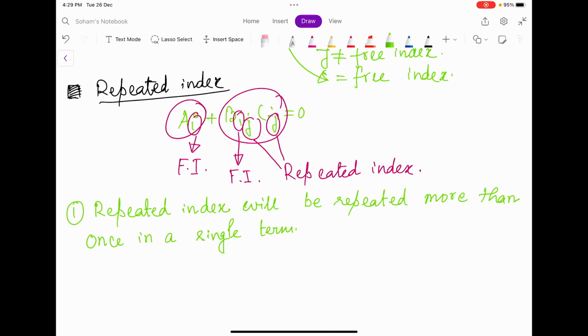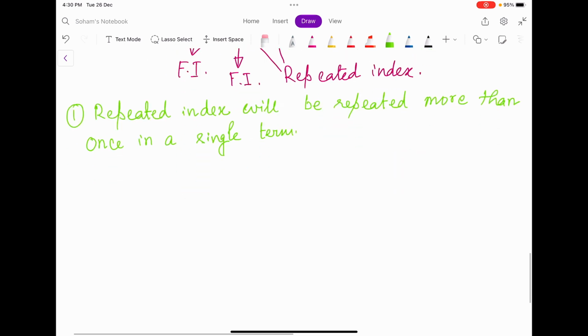that what is the application of this repeated index and what this index means. Okay, let us say that I am writing a dot b. How can I write this? a1 b1, a2 b2, and a3 b3.